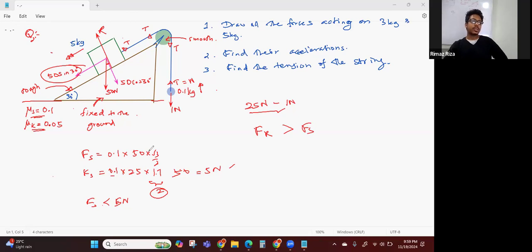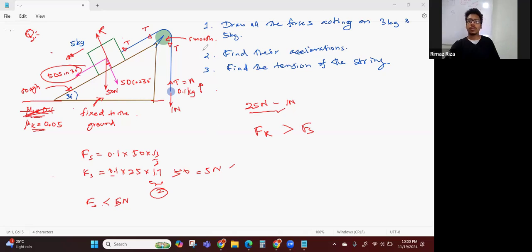You should be able to understand this in a very short time; you don't spend much time on that. By the way, in exams they won't give this coefficient value. They straight away ask you to find the acceleration.